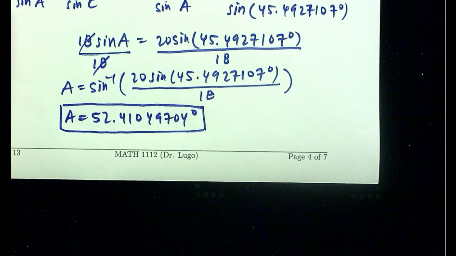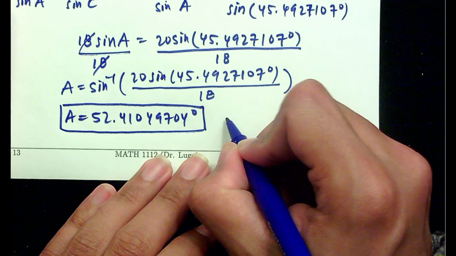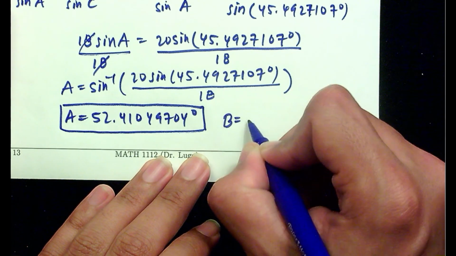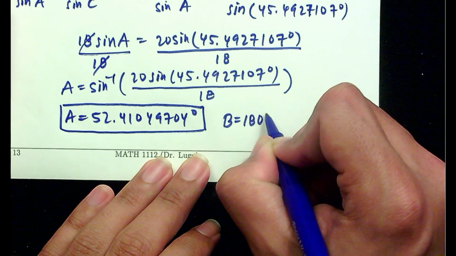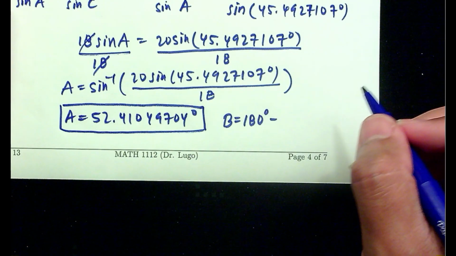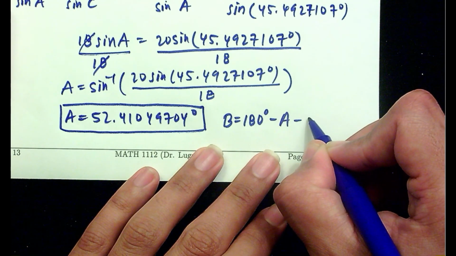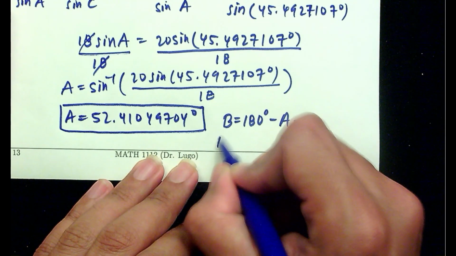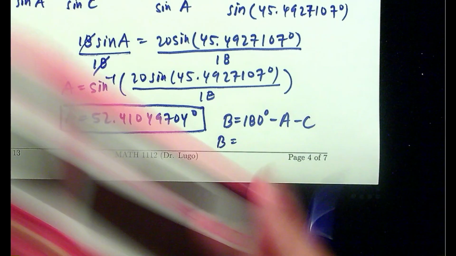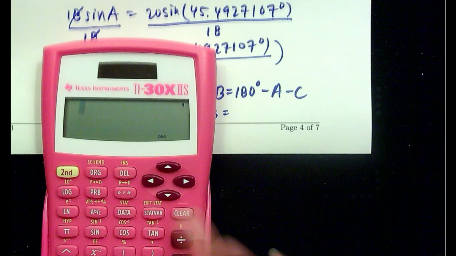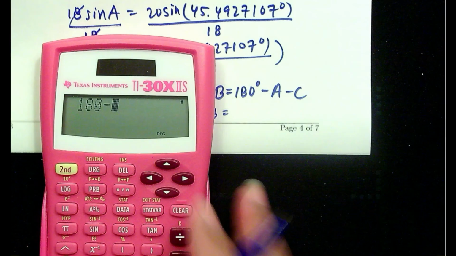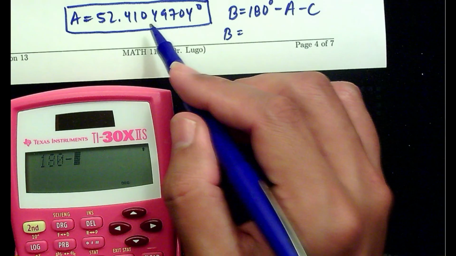And finally, to find capital B, subtract 180 minus A minus C. Okay, so let's put it in the calculator. 180 minus A is this.